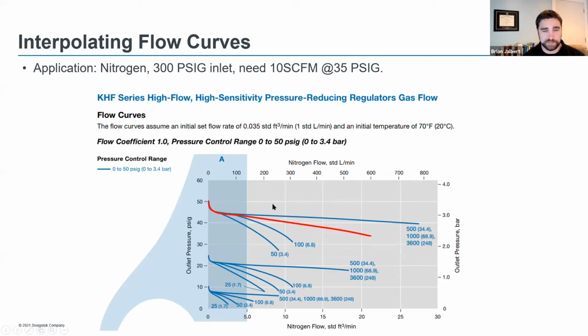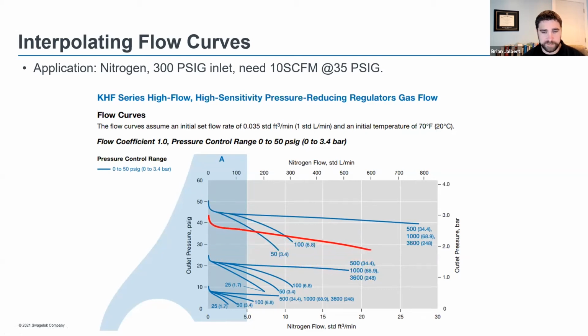I can now use this flow curve and move it up and down along the pressure axis to determine what my regulator is going to look like at different pressures. And we need to do it at 35 PSI, and it's going to settle there real quick.